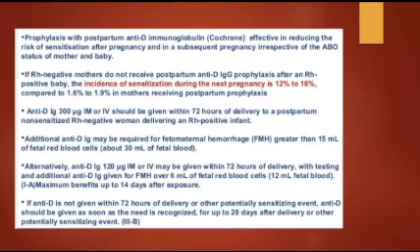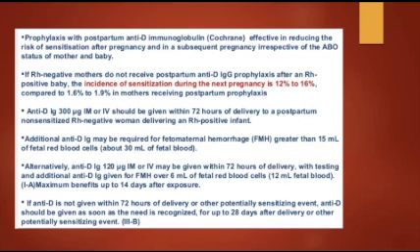It can be 12 to 16%, compared to 1.6 to 1.9% in mothers who did receive postpartum prophylaxis. So anti-Rh immunoglobulin needs to be given within 72 hours of delivery to a postpartum non-sensitized Rh-negative woman delivering an Rh-positive infant.